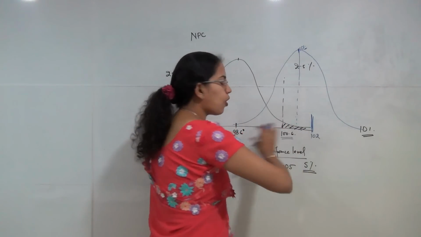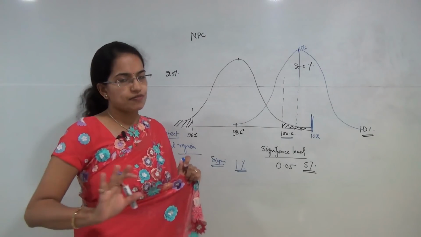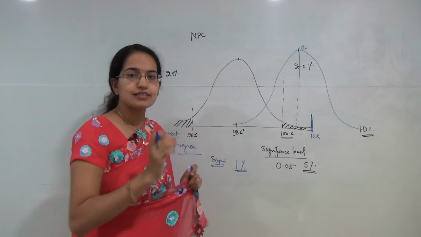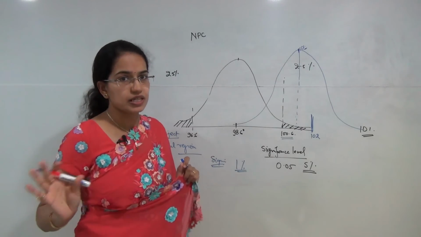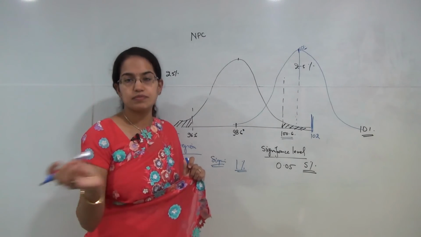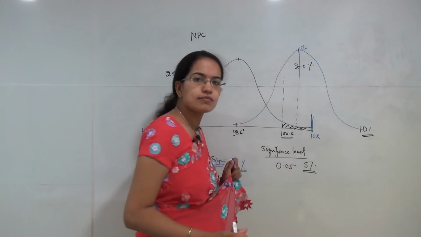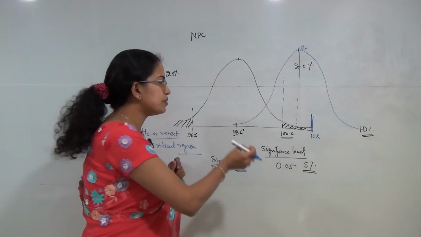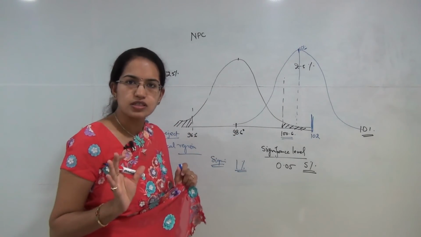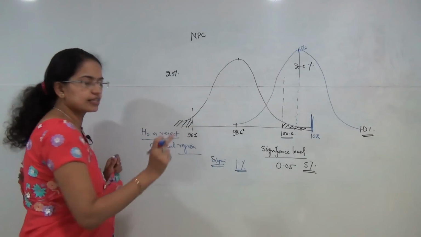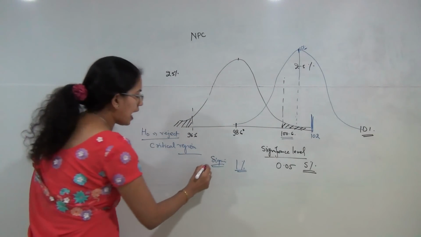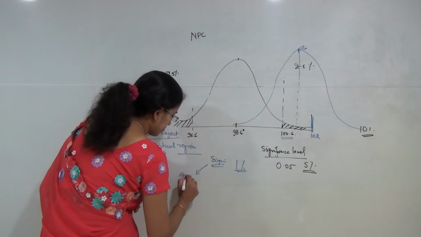I am okay with it, since that is the variation in my thermometer that could occur for some reason or the other. So I would accept this 101, and this 101 would be part of the null hypothesis. In that case, if my significance level is 1%, I would accept the null hypothesis.